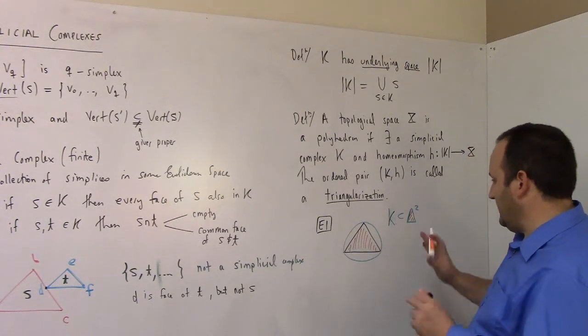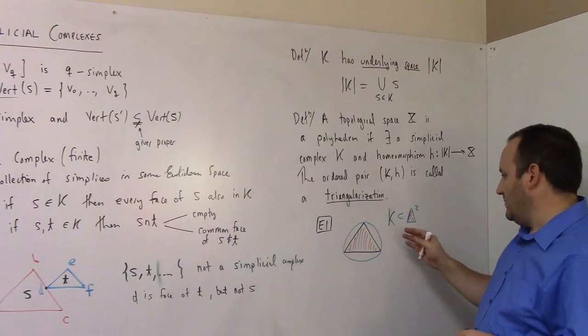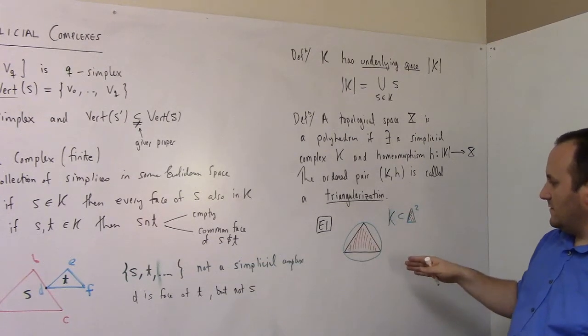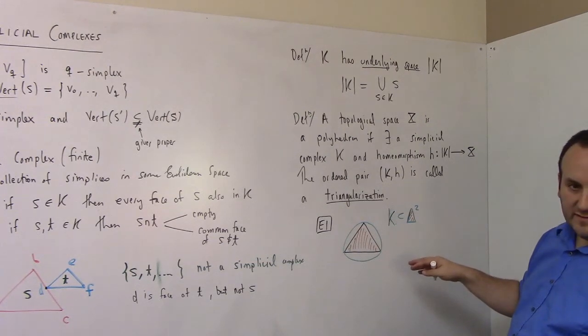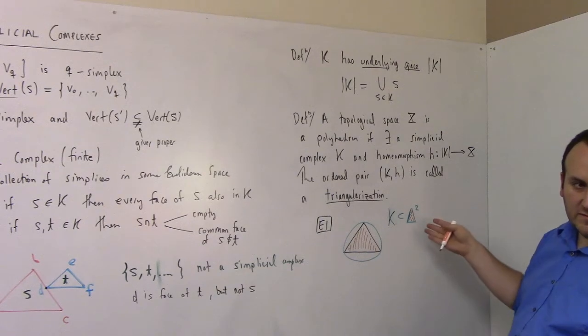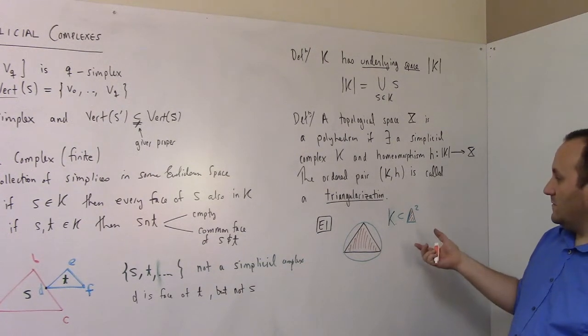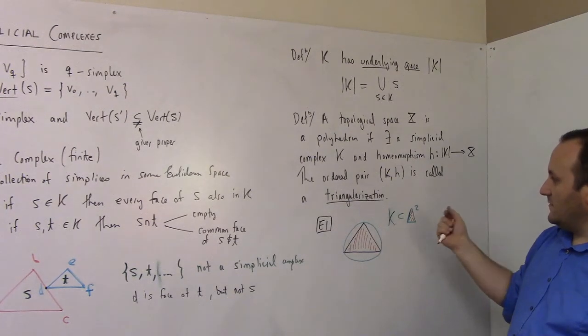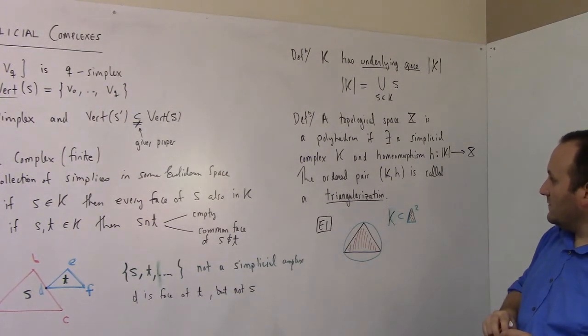Right. But he's saying just look at the part of delta 2 which is just the edge of it, then that's clearly homeomorphic. There's a clear homeomorphism from that to the circle. And so the edge of just the triangle, not the solid triangle, gives you a triangularization of the circle.